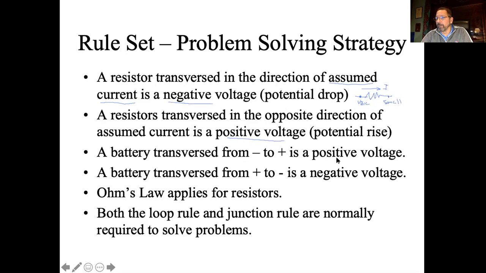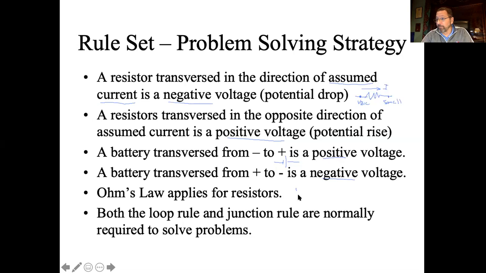And we'll show one example of that today before we quit. A battery, if you go from its negative side, the small side, to the big side, as you're tracing around these loops, that's a positive voltage. On the other hand, if you trace from the big side to the little side, from the positive to the negative, that's called a negative voltage.